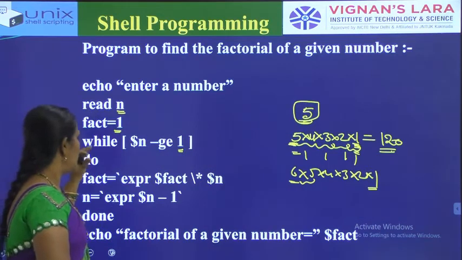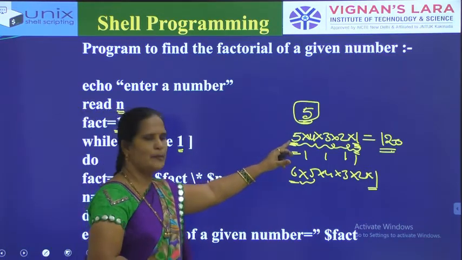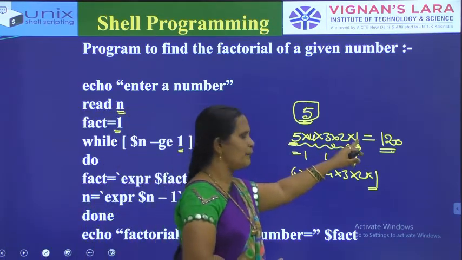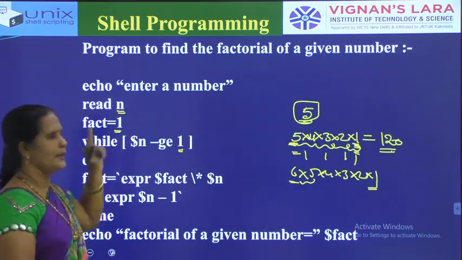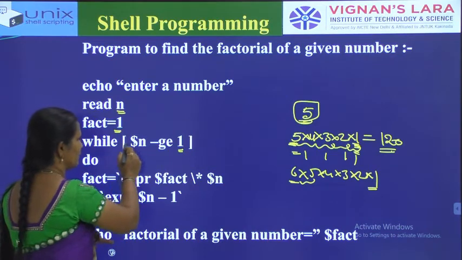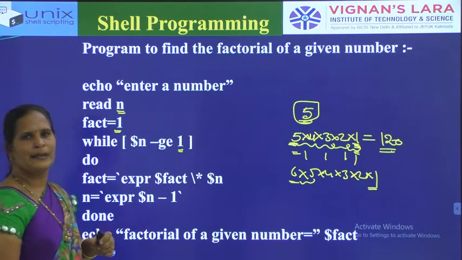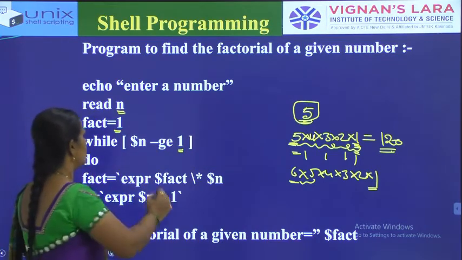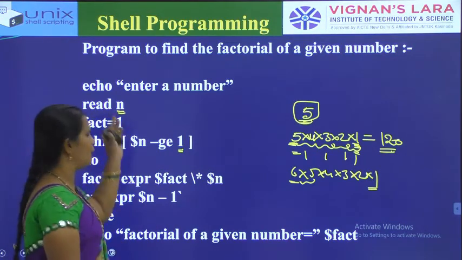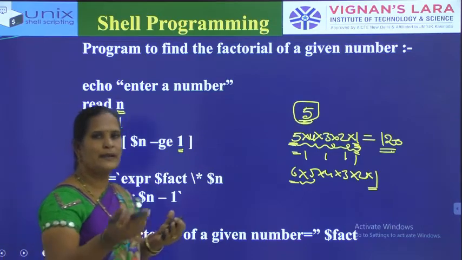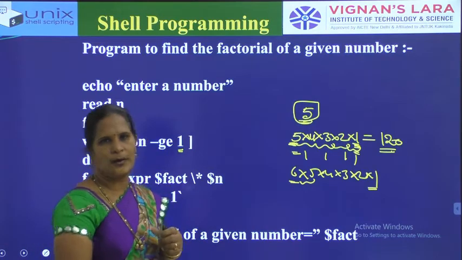So here, what is the condition? The initial number is equal to 5 and the final number is equal to 1. But here the initial number is stored in a variable n. While space, within the square braces, we have to specify the conditional expression. The initial value is stored in a variable n. Whenever we get the value of any variable, first we have to precede that variable with the dollar symbol.